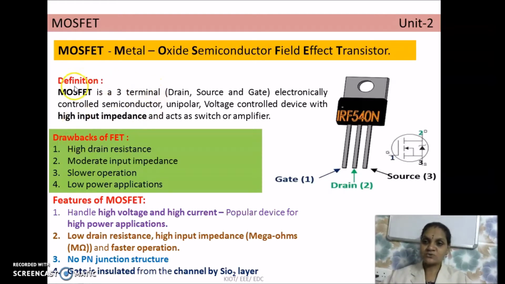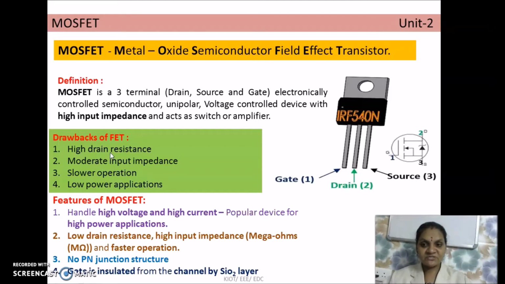As I told you, JFET has some inbuilt disadvantages. What are the disadvantages? Number one is that it has a high drain resistance. As we discussed in the previous video, there are some variable resistors near the drain terminal. Whenever the VDS voltage keeps increasing, this drain resistance increases; the voltage drop across that resistance acts as a reverse bias to the drain terminal.